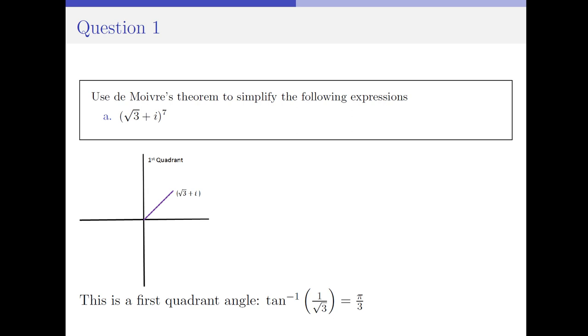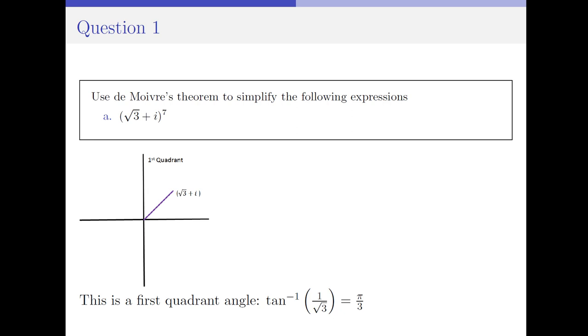Now, if you were to do this in your calculator, it's not going to come out as a nice number. It's going to come out as something much more horrible, approximately 0.524. It's important that you know your exact values and how to calculate those.